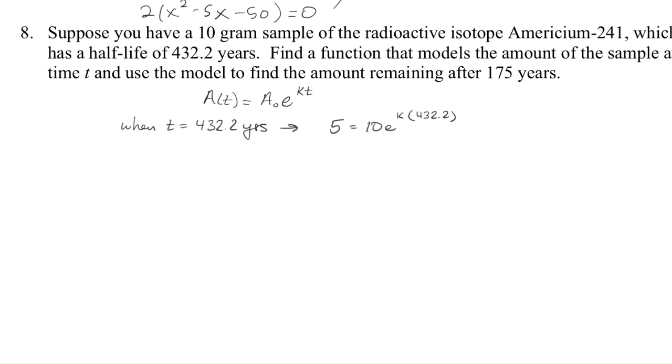So we're going to solve, divide by 10, we get 1/2. Then we're going to use a natural log on both sides. We use a natural log here. Remember, natural log cancels base e.